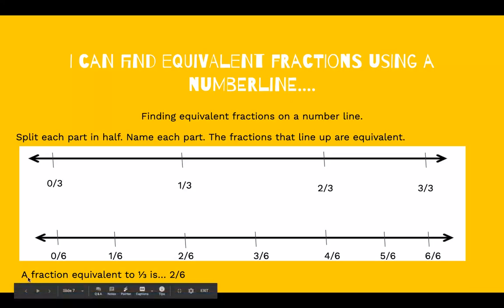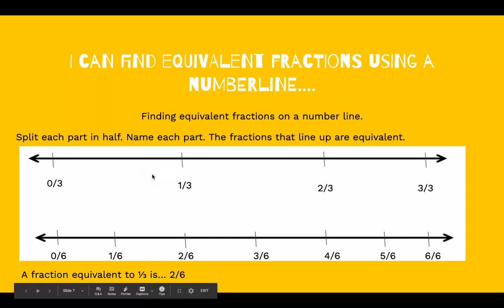As a mathematician, if I was looking to find a fraction that's equivalent to 1/3, what I would have to do is begin by creating my number line. If I'm trying to represent the fraction 1/3, I take a look at the denominator. That's how many parts I need to have on my number line.